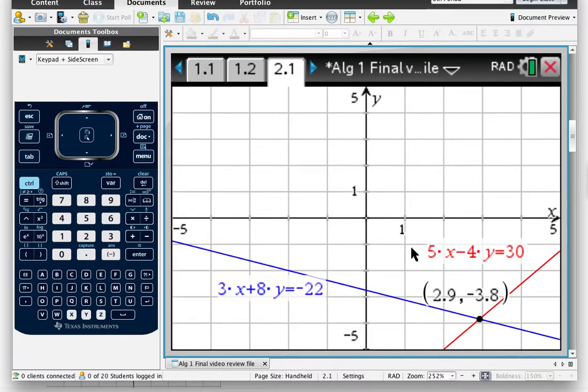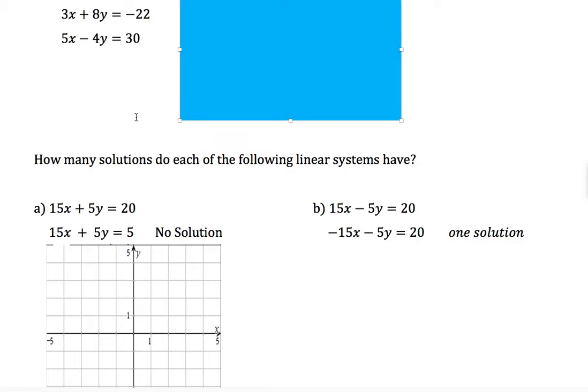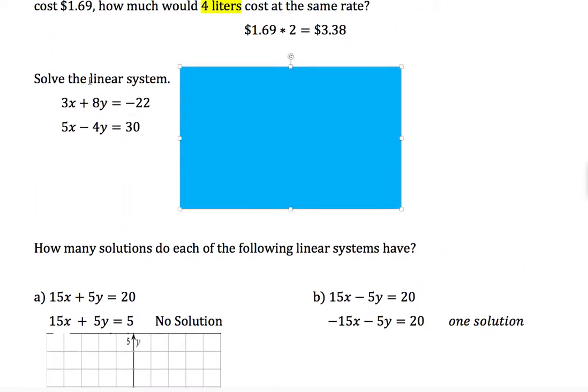Now, you can do something similar with the TI-84s, except with the 84s, you have to go ahead and put the equation in slope-intercept form. You cannot just leave it in the standard form here. Okay, so you would want to move this 3x to the left, and then you would divide by 8, and so you would have negative 3x over here.